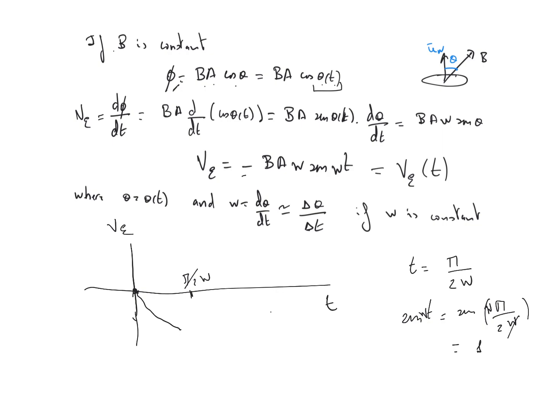With this minus sign it will be minus 1, so this value is minus B A omega.